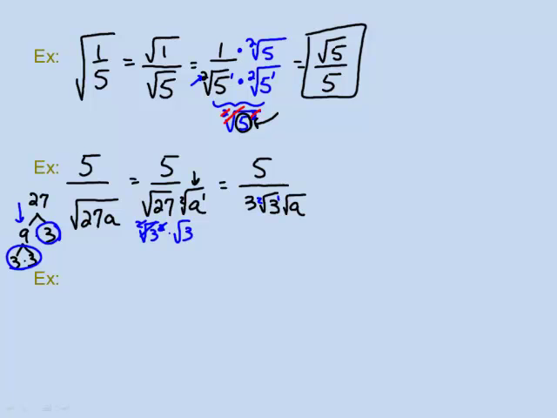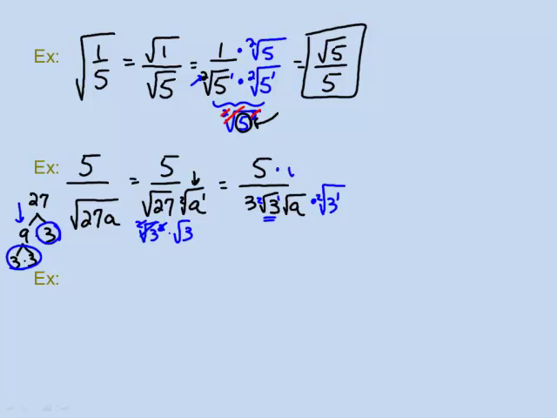So to do that, we're going to multiply our denominator by the square root of 3 to the first, because 3 to the first times 3 to the first is 3 squared, or 9, and that is a perfect square. That'll take care of our square root of 3 factor.